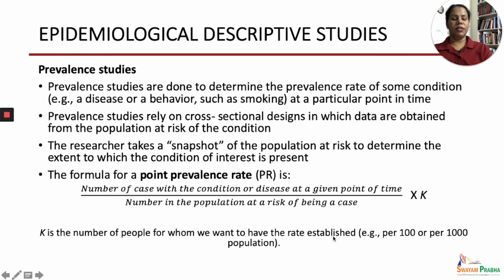Here we may want per 100 or per 1000 population, then we can give the point prevalence rate. Then we can present that maybe 16% if it is per 100, otherwise we may say 16 per 1000 population are at risk of getting this disease, or we can say that point prevalence rate is 16 per 100 or 16 per 1000 population.